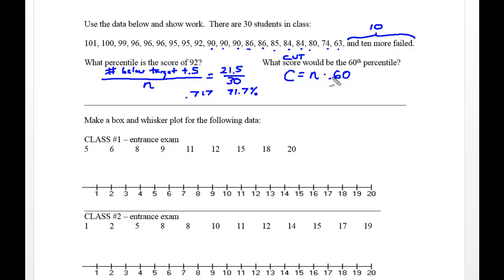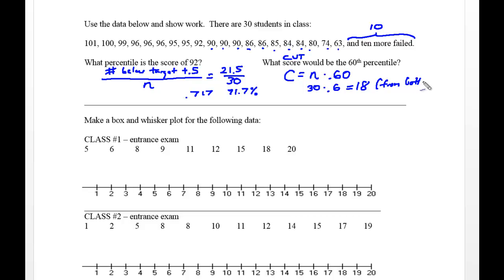So in this case it would be n times 60 hundredths, or n times 6 tenths. So this would be 30 people times 0.60, and this would give you a total of 18. Now what you do with that 18 is you count 18 from the bottom.